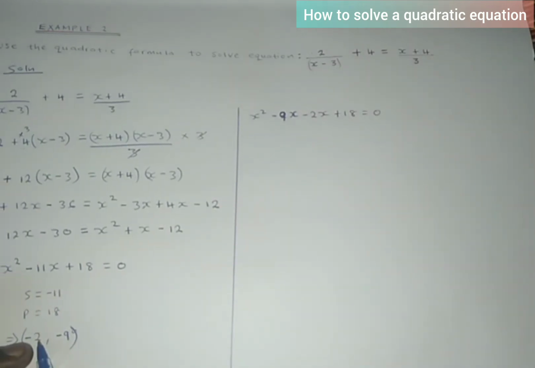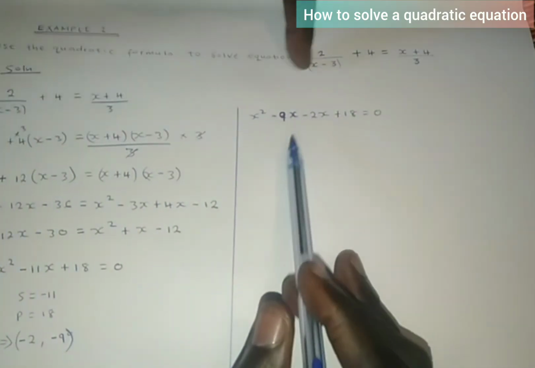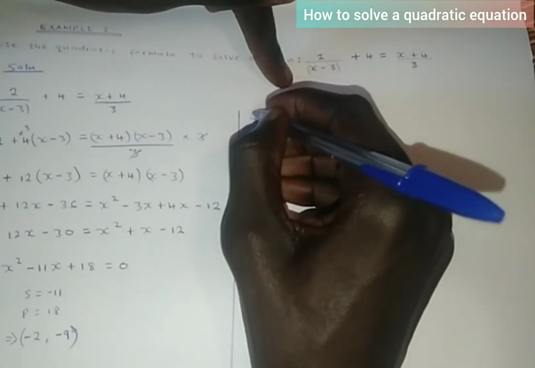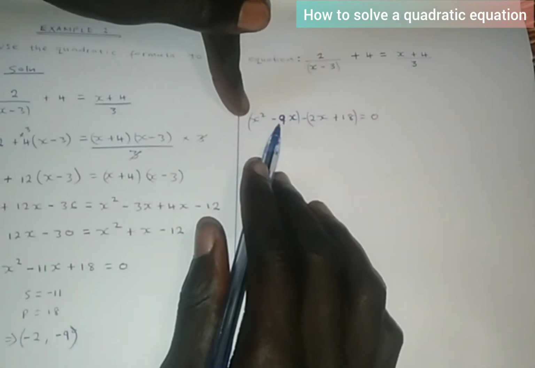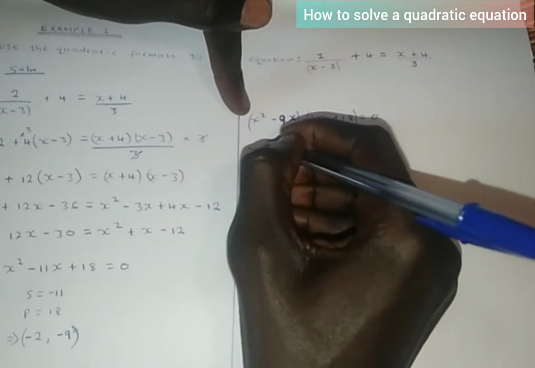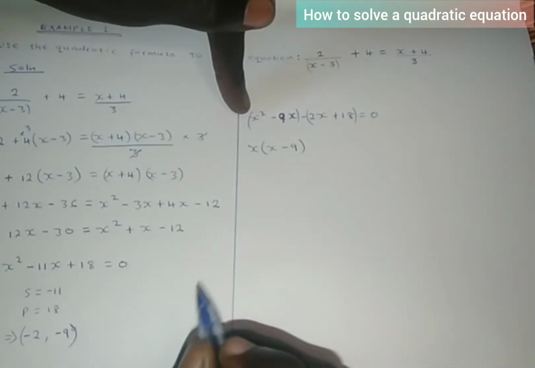I've just put these values into the equation, so negative 9 and negative 2. And then let's make this to be independent numbers. Here we can factor out x. Let's place x outside, and x minus 9 will remain inside.